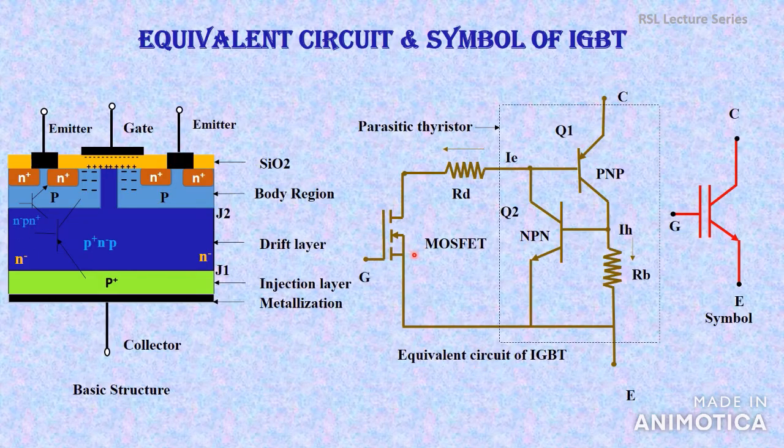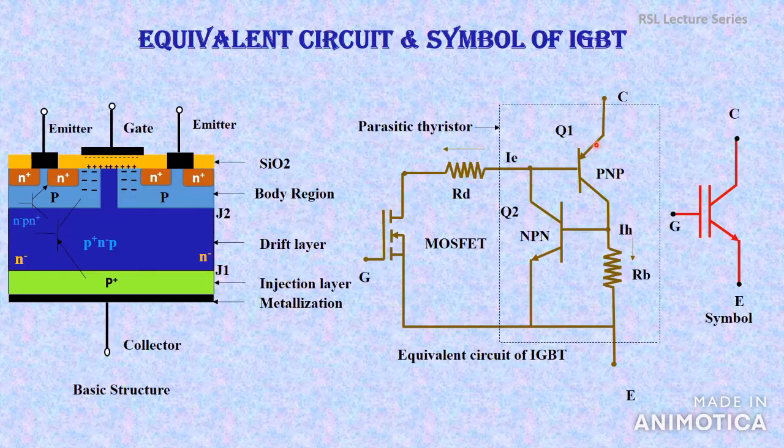The front portion is similar to the MOSFET, and the two transistors, one NPN and one PNP, connected back to back, are similar to a parasitic thyristor. The resistance RB is the resistance offered by the body region, and the resistance RD is the resistance offered by the drift layer.